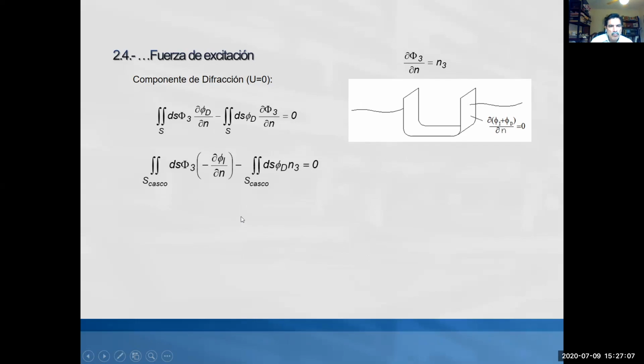And then, because of the non-penetration equation, we can replace this d phi d dn by the negative of d phi I. So in this case, we are satisfying the non-penetration condition. There. Now, we are very close. And also, we have this, which is equal to that.